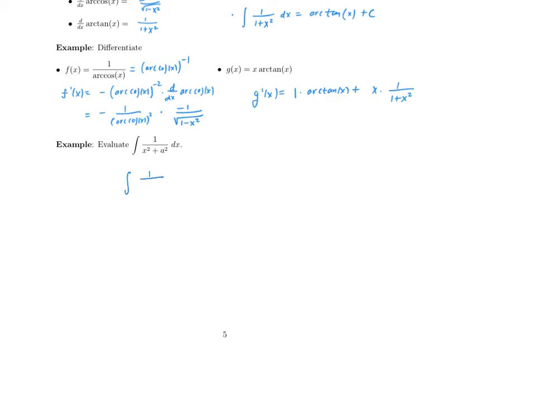To anti-differentiate 1 over x squared plus a squared, the idea is exactly where we started. We said, wow, this looks awfully similar to above. So the question is, can we somehow make it look just like that? And the key difference between the two is this a squared in the denominator.